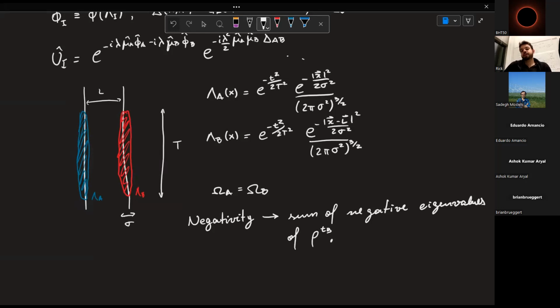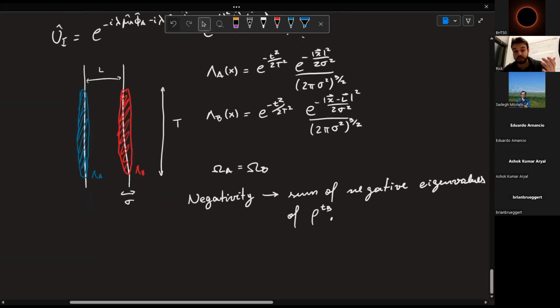So remember, the partial transpose of a density operator is not always a density operator, but the partial transpose may have negative eigenvalues. So we'll show you plots for the eigenvalues of the partial transpose. If at any point an eigenvalue becomes negative, then this means that the state becomes entangled.